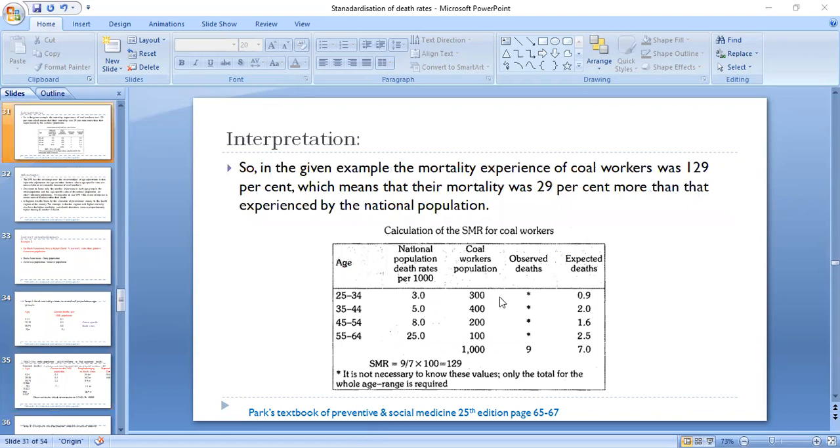So in the previous example, our standardized mortality ratio is 129, which means that their mortality rate was 29% more than that experienced by the national population.